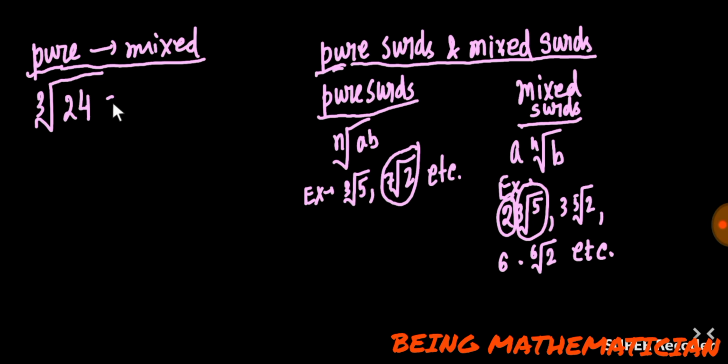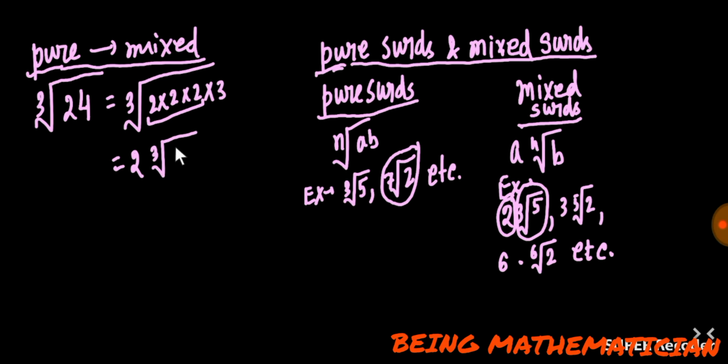Now factorize 24. We get 2 into 2 into 2 into 3. So from these three 2's we get one 2 out and write the remaining part. So it will be 2 into cube root of 3 and it is a mixed surd.